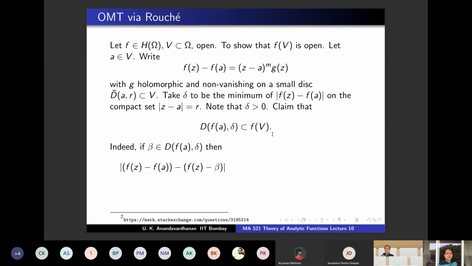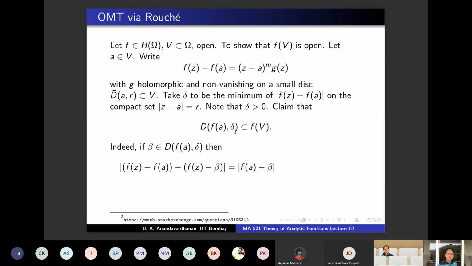So if you take this function f(z) minus f(a) and this function f(z) minus beta, this is my f and this is my g in Rouché's theorem. So what is this difference? f(z) goes away, so this is beta minus f(a). So this is the modulus of f(a) minus beta, where beta is from this disk.